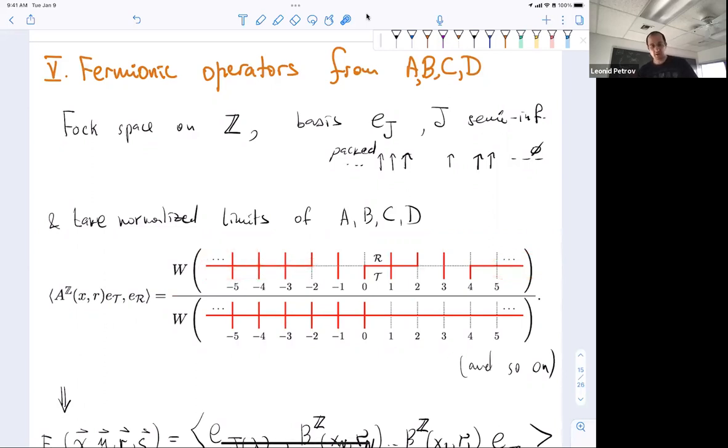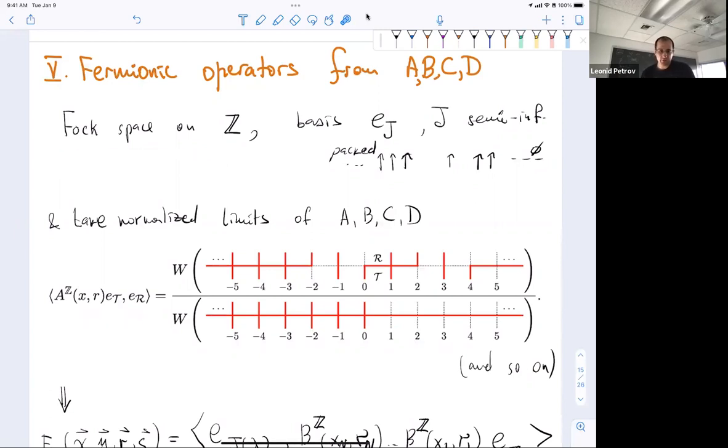So you have to normalize it out, taking a formal weight. So numerator and denominator are not well defined, but there is a simple infinite volume limit which makes sense of all of it. In this way you get ABCD operators acting in the Fock space.